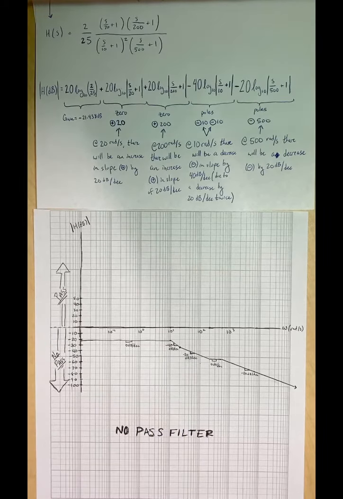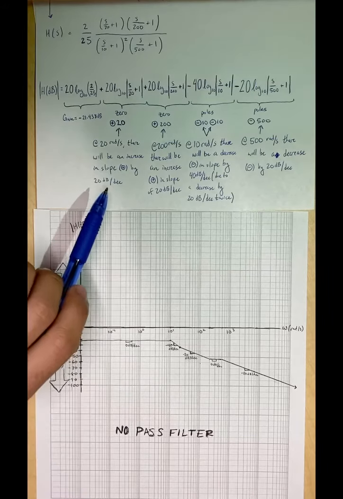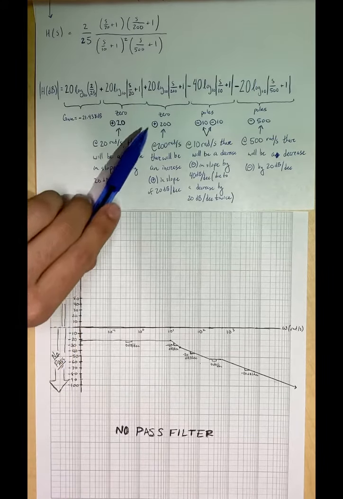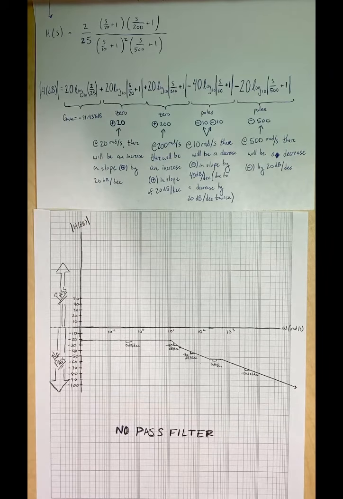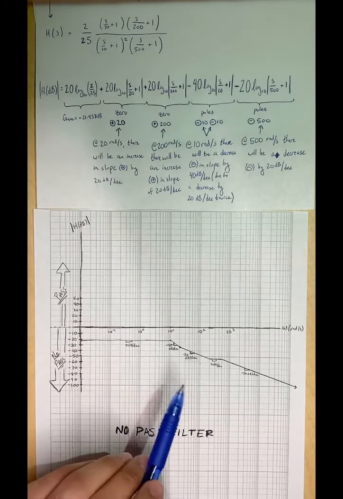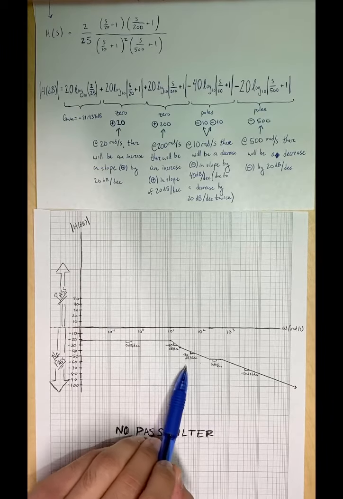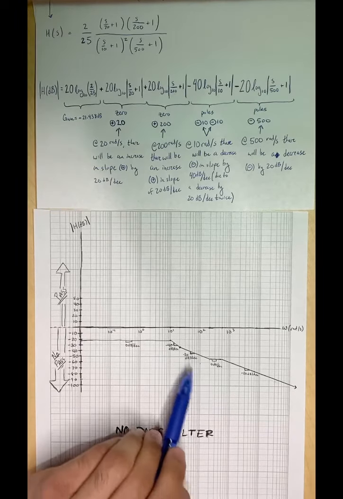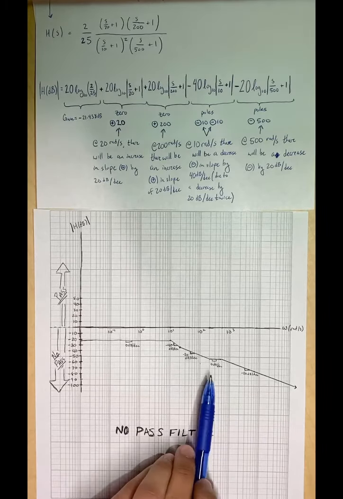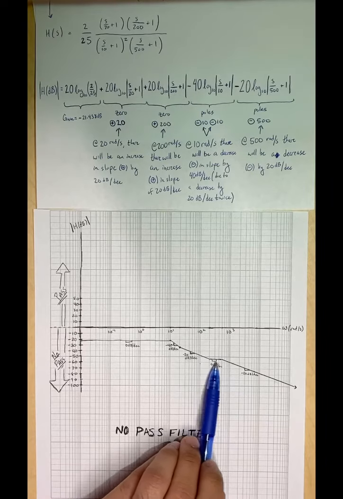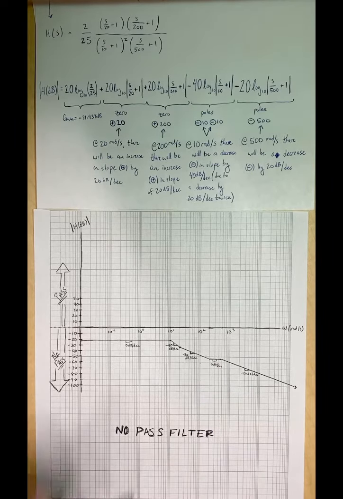That's going to persist until our next radians per second value, which so happens to be 200. It's another zero, so we're going to have another increase in slope. Now remember, we were at negative 20 decibels per decade. Once we hit 200 and have another increase of positive 20 decibels per decade, our response is going to flatline at 0 decibels per decade until 500 radians per second.